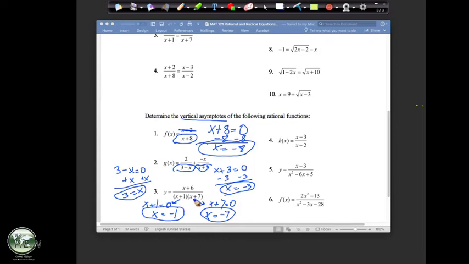Because negative 7 here makes this part 0. This becomes 0. And whatever's happening up here doesn't matter so much. Again, it becomes undefined. So that's why we really can just ignore what's happening in the top for the most part when we're talking about vertical asymptotes.